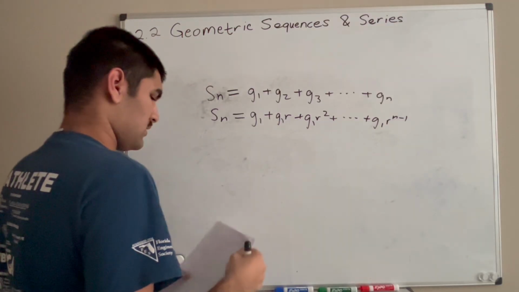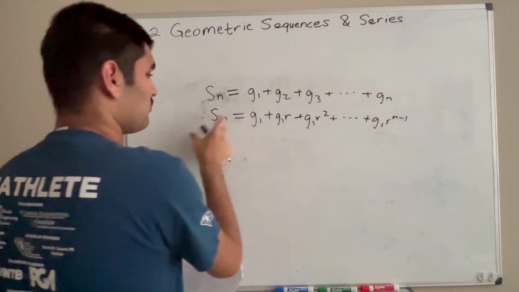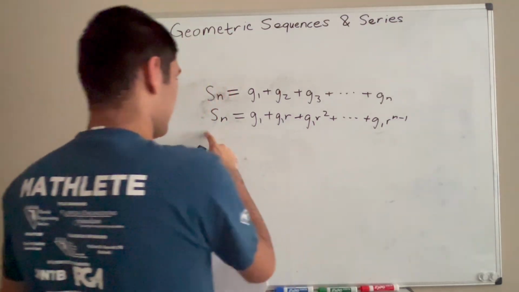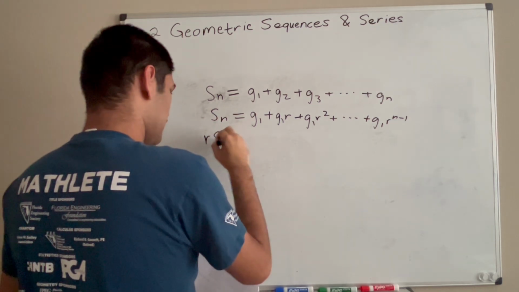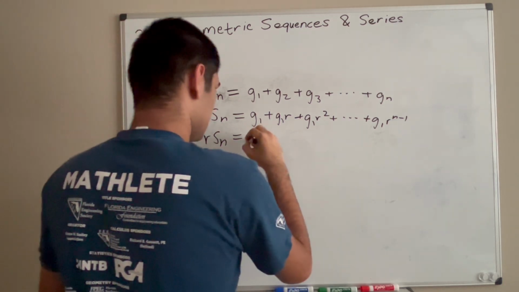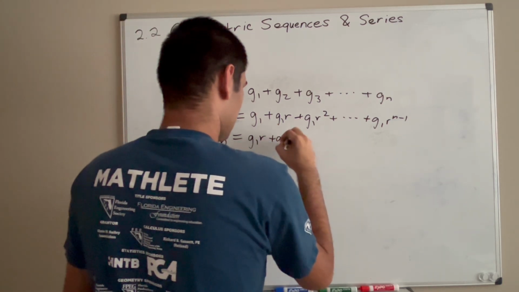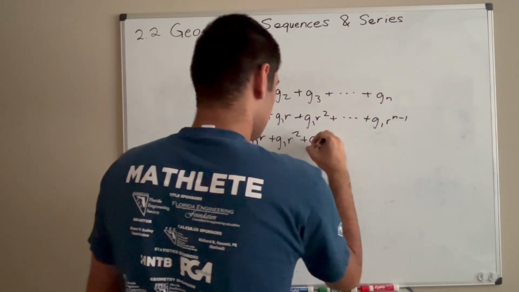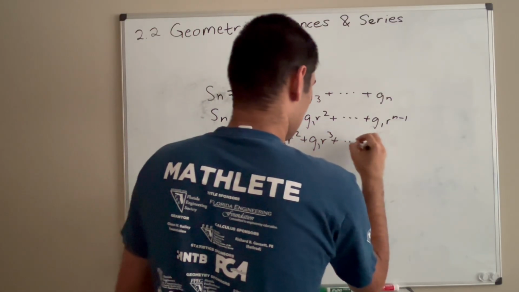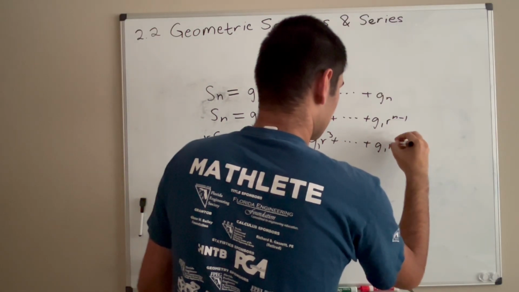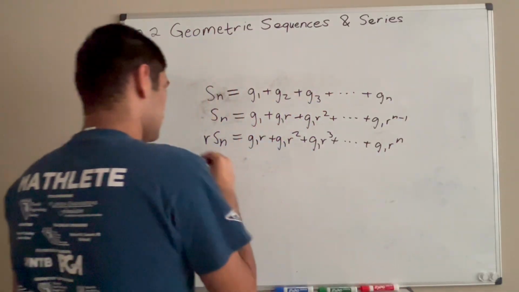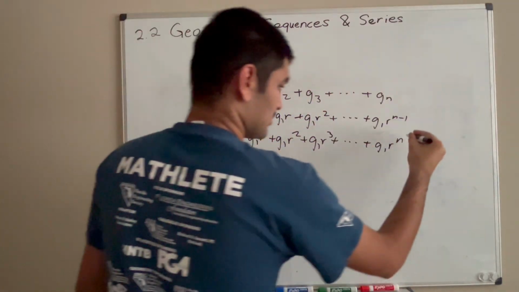Then I'm going to multiply this whole equation by r on both sides. So we get r times S sub n is equal to g1r plus g1r squared plus g1r cubed and so on, plus g1r to the n. And then let's subtract these equations.